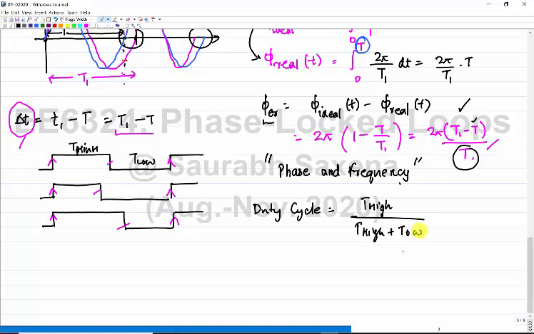The first one appears to have a 50% duty cycle, so if you are using this particular clock at both the edges to synchronize your system, it is perfectly fine. The other appears to have some 45% and the next one some 60% duty cycle. Now if you use this particular clock in your system, then you will see that all the events are not synchronized at the same rate.